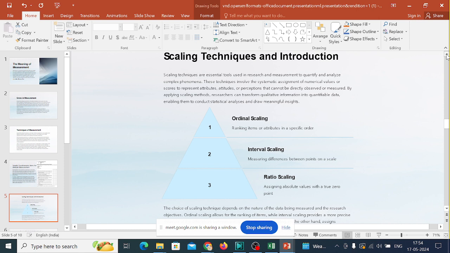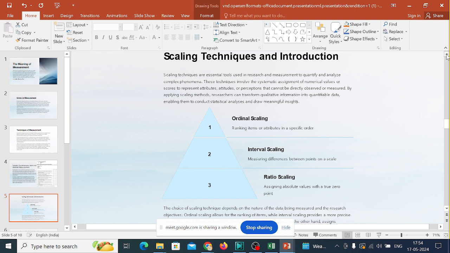These techniques involve the systematic assignment of numerical values or scores to represent attributes, attitudes, or perceptions that cannot be directly observed or measured.